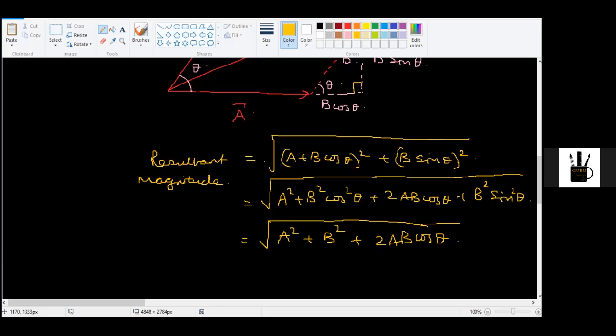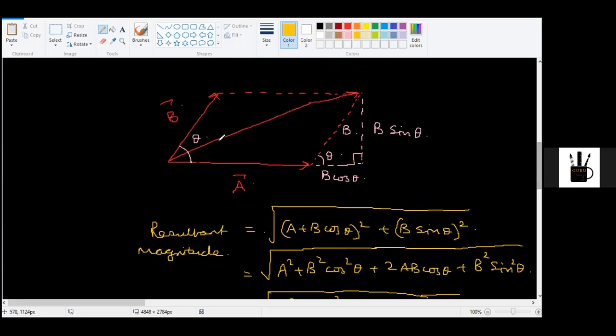If it is a vector, is it sufficient for me to tell the magnitude, or should I tell the direction also? Magnitude only? If it's a vector, can I say, okay, the resultant is 10 units this way? Will it be correct with this data?